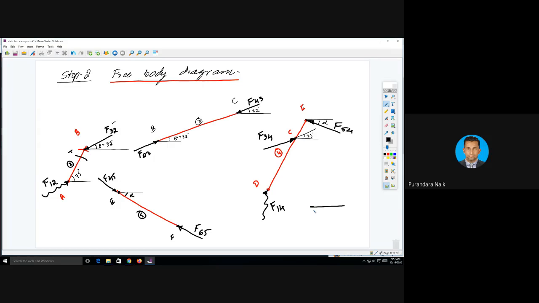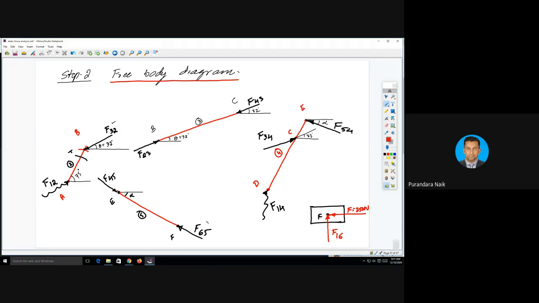I'll draw it here, okay? Piston, point F, and we have a force. This is the force F250, and there is a reaction force, it is upward, F16.